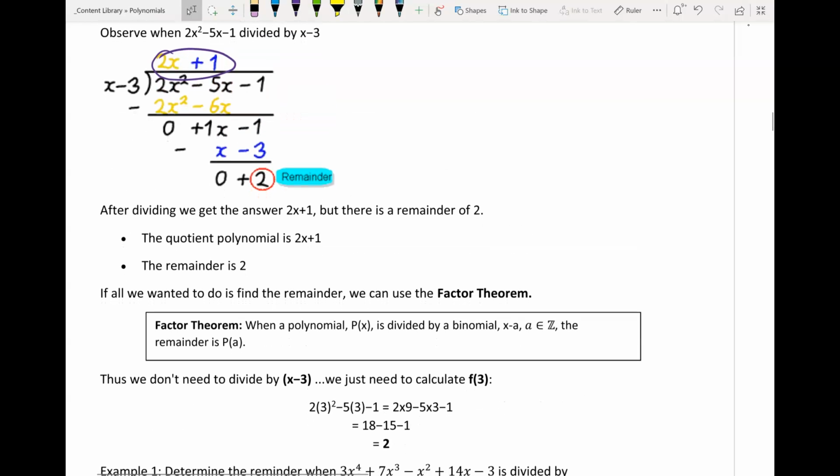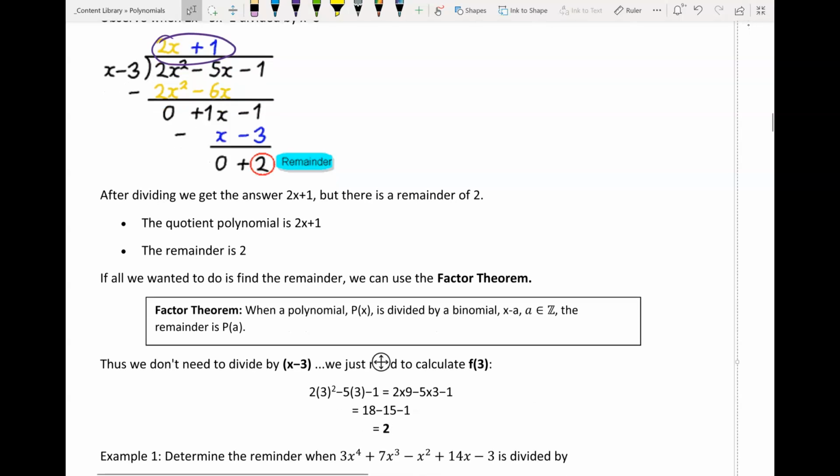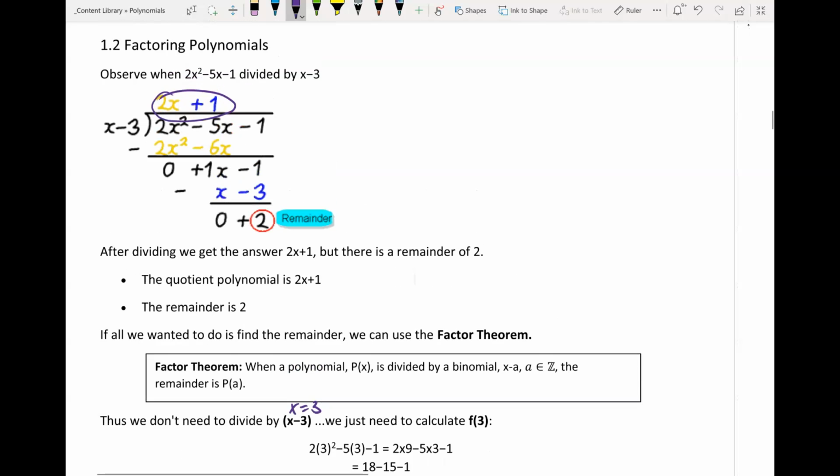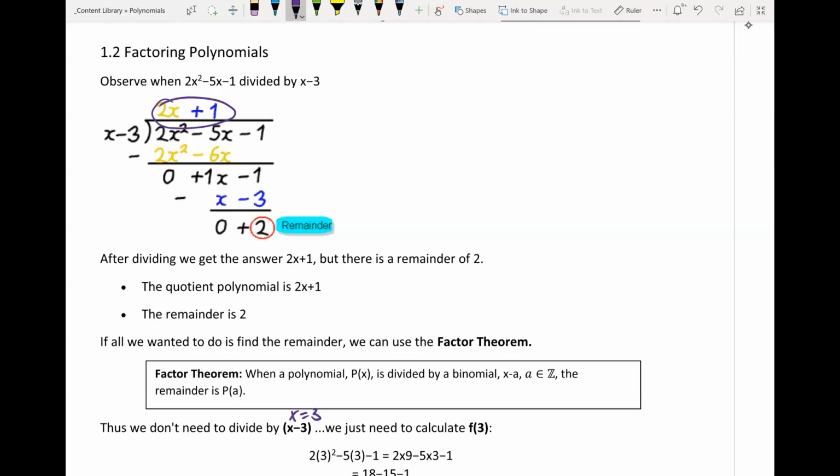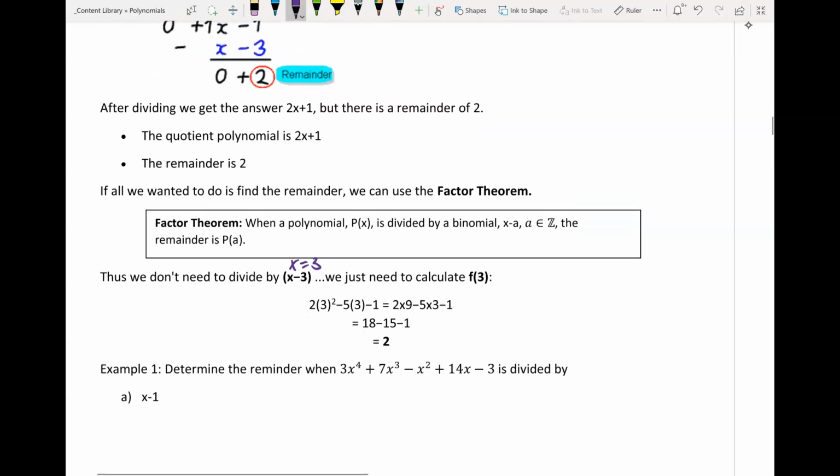I'm using the same polynomial and the same divisor of x minus 3. So what we do is we plug in x equals 3 into our polynomial of 2x squared minus 5x minus 1. And then you simplify, and the number that you get is your remainder.